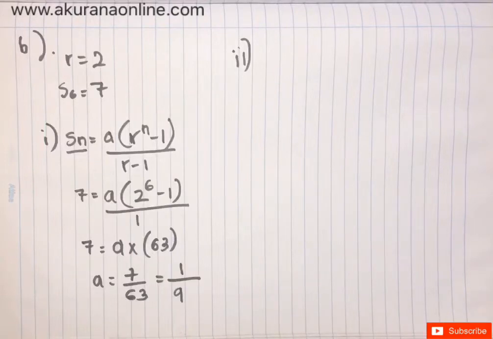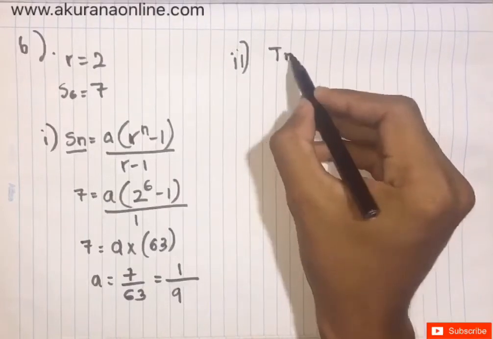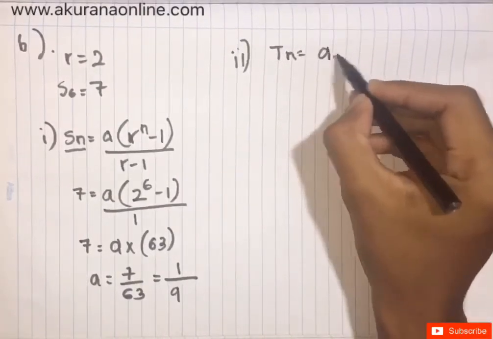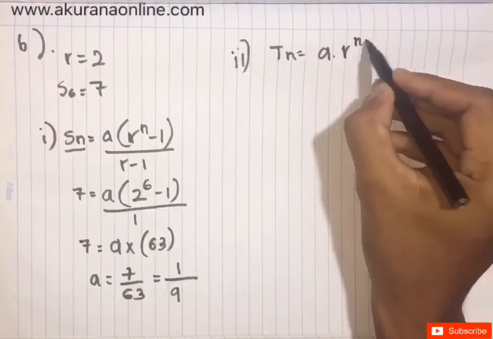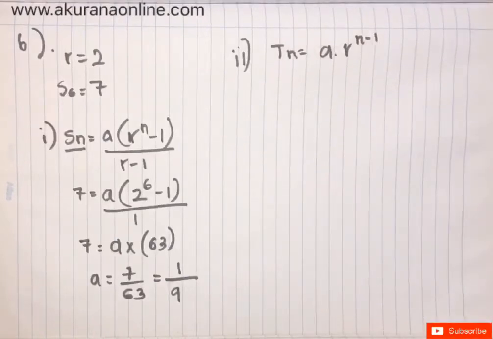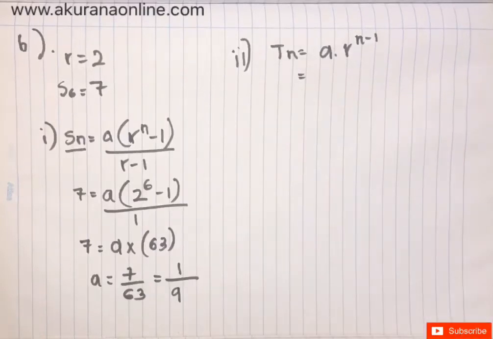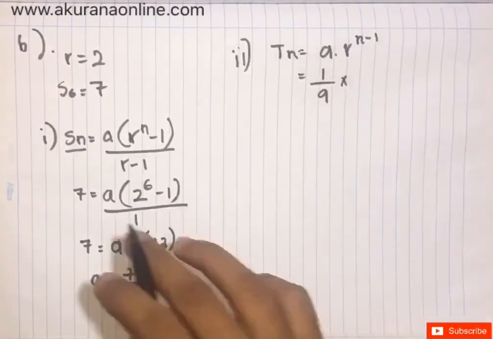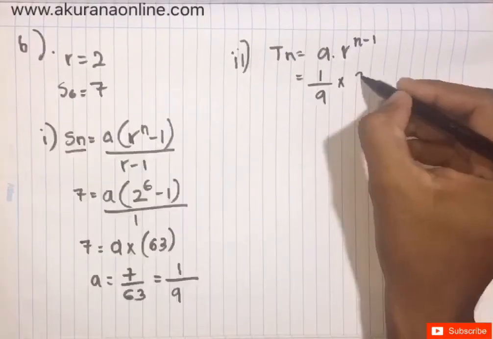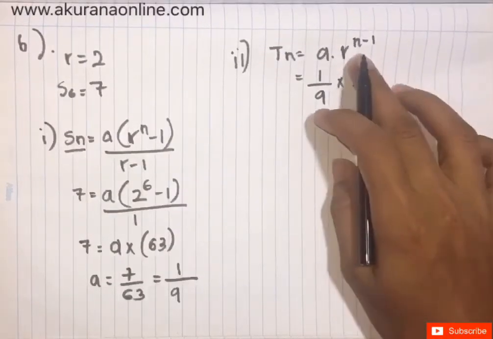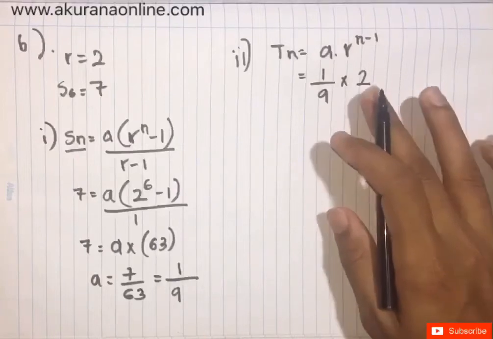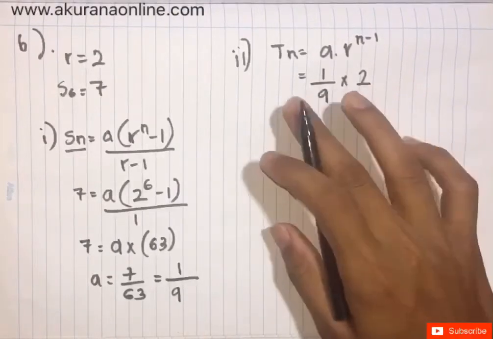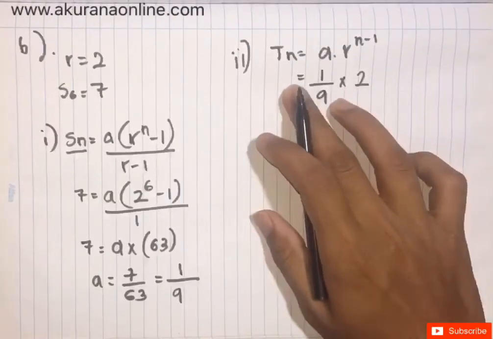To find the fifth term, you can use Tn equals a r to the power n minus 1. Now you can substitute our values. We have already found a, which is 1 over 9, and our common difference r is equal to 2, and you are finding the fifth term.